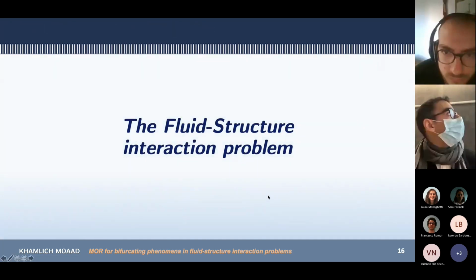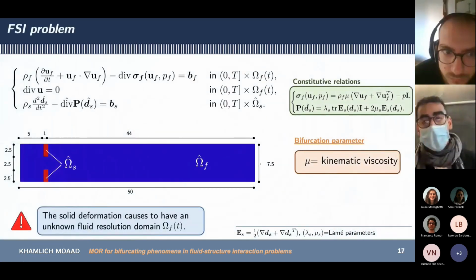So now I will briefly describe the fluid structure interaction problem. The system of equations we are solving is nothing but the Navier-Stokes system for the fluid and the momentum balance for the solid. And there is also room for choice concerning the constitutive relation for the solid phase.